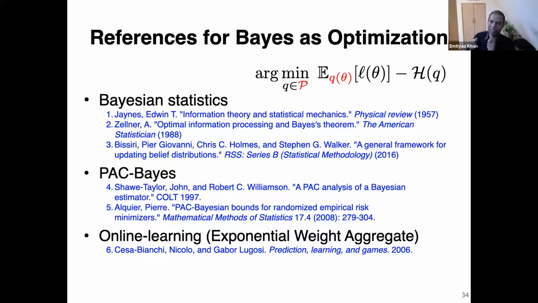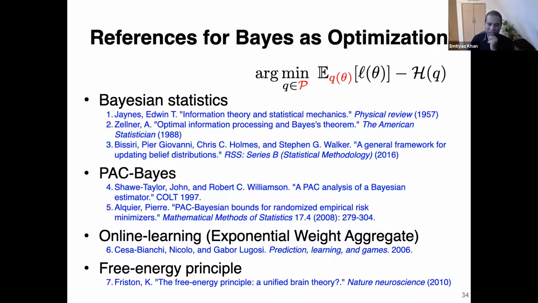Here the idea is that there are many online learners, and you weigh them according to a distribution or weight that is exponential. And exponential weight is basically like a Bayesian posterior distribution, so it comes out to be a Bayesian concept. Now in neuroscience, Carl Friston has been pushing for the free energy principle, which is sometimes a little bit controversial in neuroscience, it seems, but is also related to the formulation that I'm talking about here.